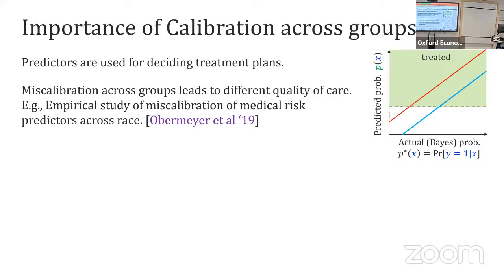The issue is that when I look at the treatment I'm applying, people with different actual Bayes risk are getting treatment at different levels. The red population gets treatment at this value of actual Bayes probability, whereas the blue population has to have considerably more actual risk before they start getting the treatment they need. And the Obermeyer study found that within the hospital medical data, the Black population has to be considerably more sick to qualify for the treatments because of the miscalibration.